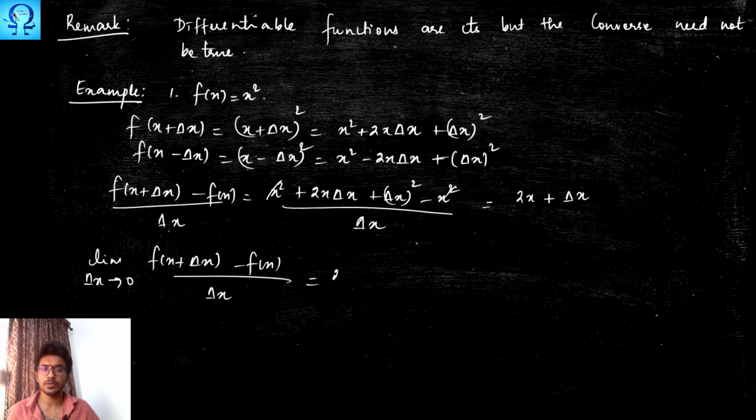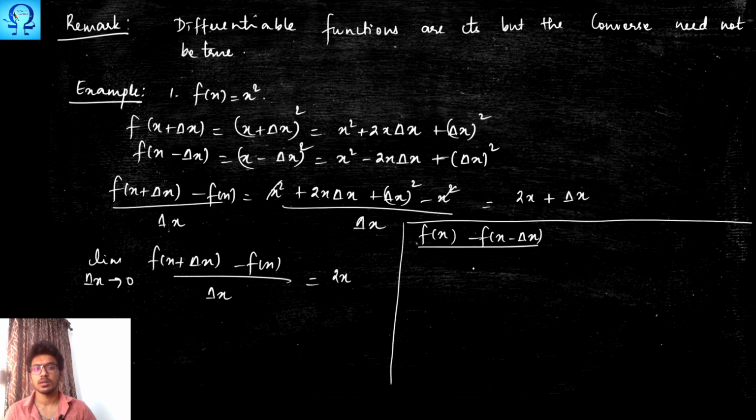So we have found the right derivative, and when we do the left one, f of x minus f of x minus delta x upon delta x, this happens to be x squared minus x squared minus of minus 2x delta x plus delta x squared upon delta x.